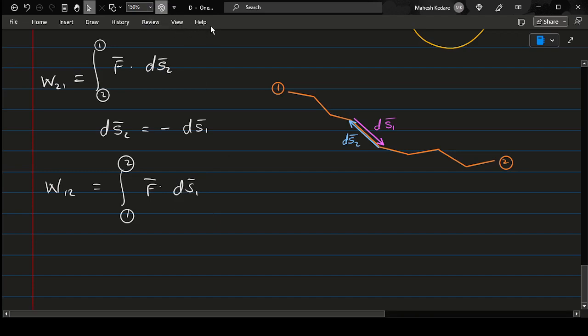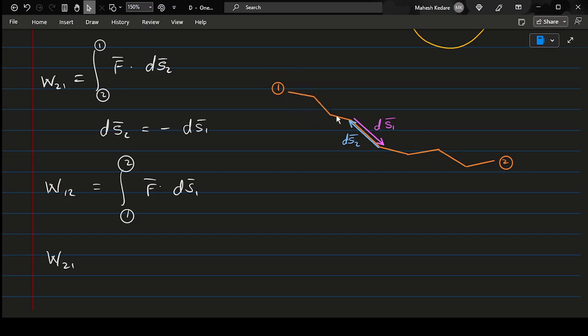So, for the work done in going from position 2 to 1, it is not necessary that we start from 2 and go to 1. We can see that for every segment, the displacement for work W12 is ds1 bar and the displacement for the work W21 is negative of ds1 bar.